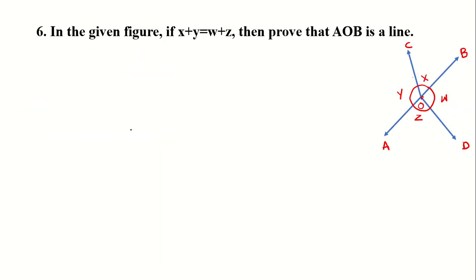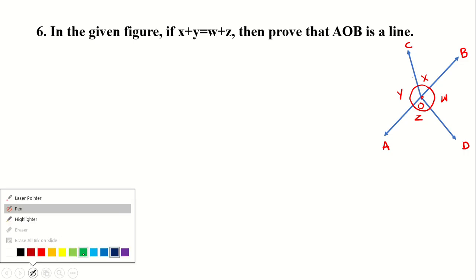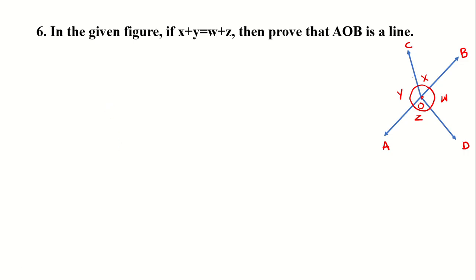So this was your question 5. Now look at this question. Read out. In the given figure, if x plus y is equal to w plus z, then prove that AOB is a line.